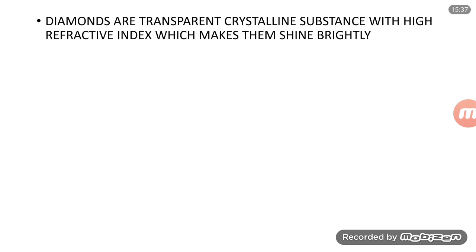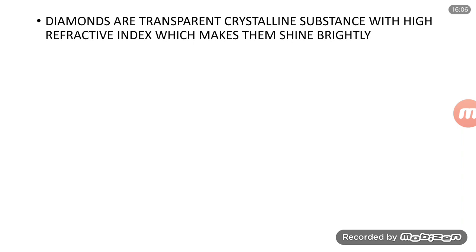Diamonds are transparent crystalline substances with a high refractive index, which makes them shine brightly. So if I ask you why diamonds shine brightly, the answer is it is because of a high refractive index, which means that with reference to air, the diamond is denser, isn't it?